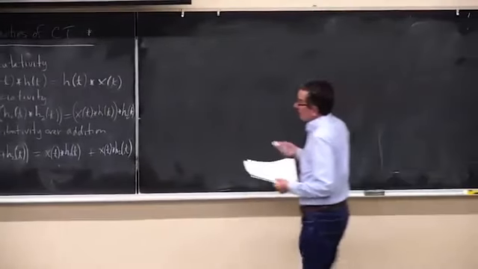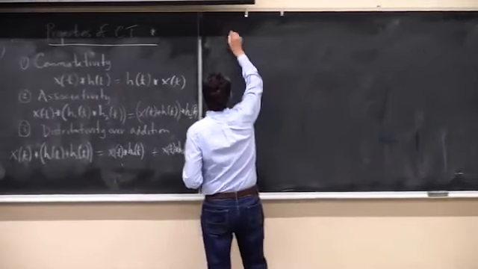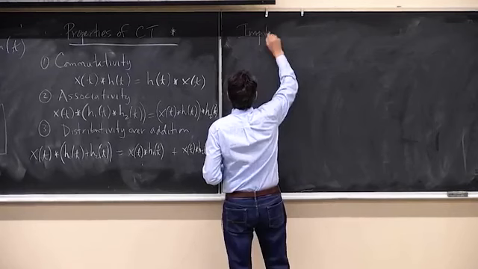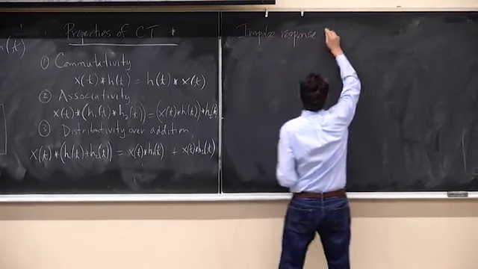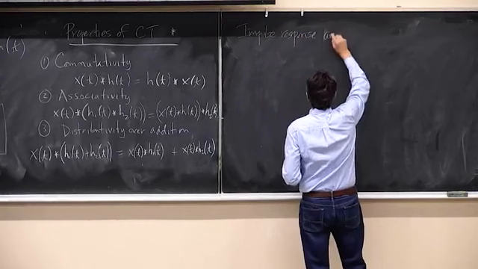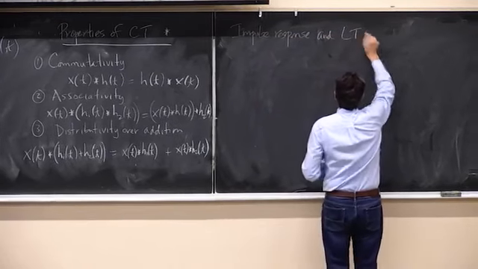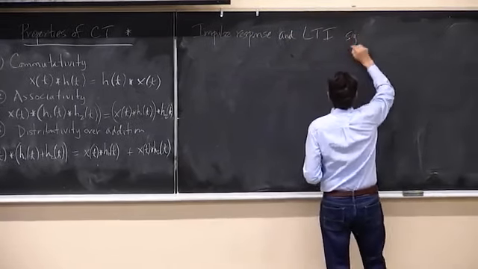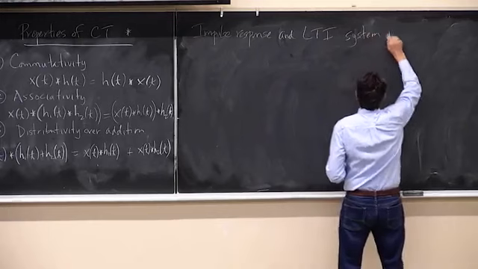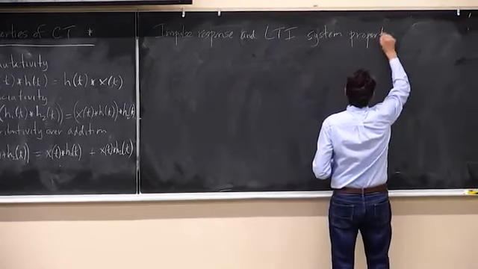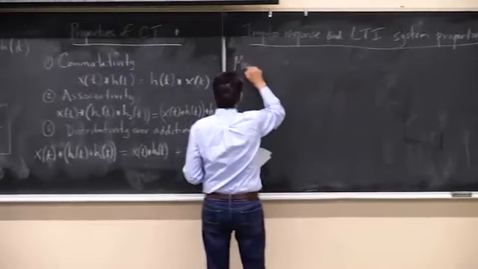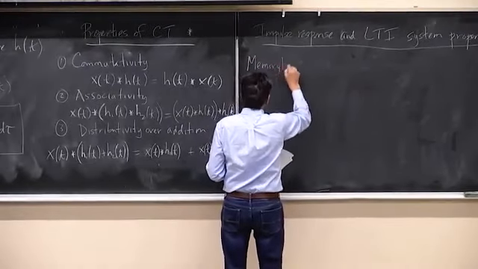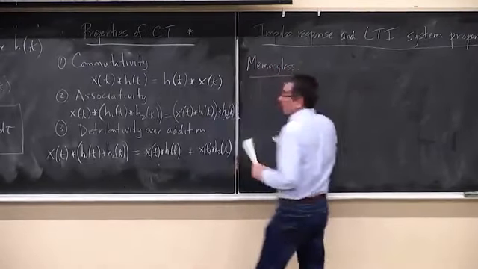And then finally, we have the analogous statements about how the impulse response of an LTI system can tell us about the LTI system properties. And they're completely analogous to what we had before.